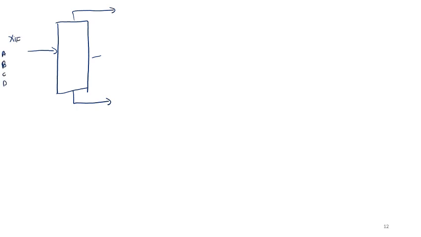Okay, so to help us proceed to the next part, we can put the composition of the top and bottom respectively. So you have here xiF of A, B, C, and D: 0.4, 0.25, 0.2, and 0.15. So F here is 100 mole per hour.